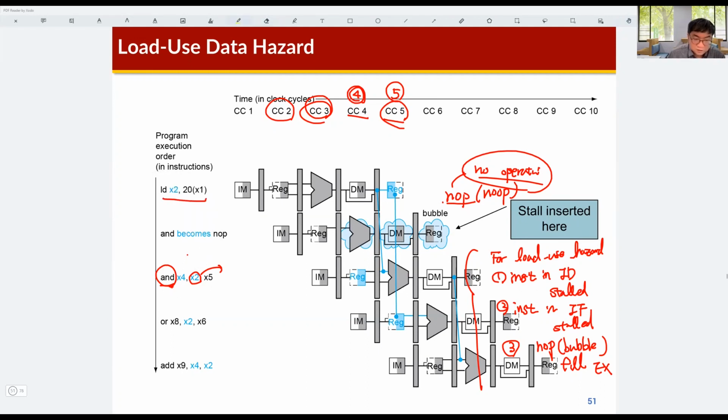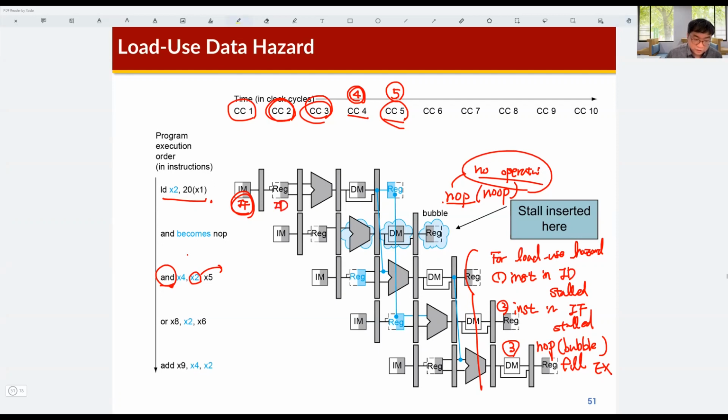The load instruction is here, and in clock count number 1, the load instruction is fetched from the instruction memory. That means the load instruction is in the instruction fetch stage. Then in clock count number 2, the load instruction is in the ID stage here.